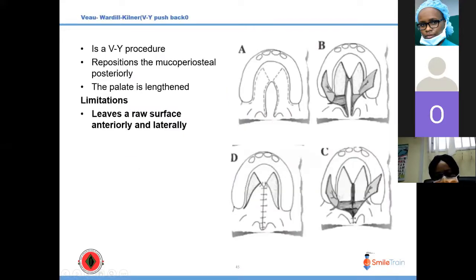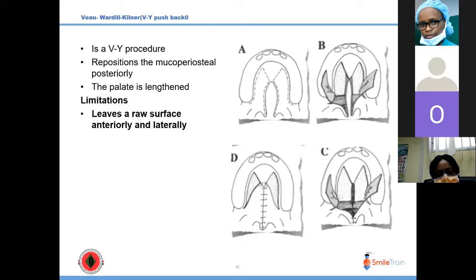So we have the V-Y procedure. This has actually been abandoned, and it is a modification of the von Langenbeck technique, and it is very similar. The difference is that in this technique, we are going to connect the lateral incision and the incision around the cleft with this line and with this.